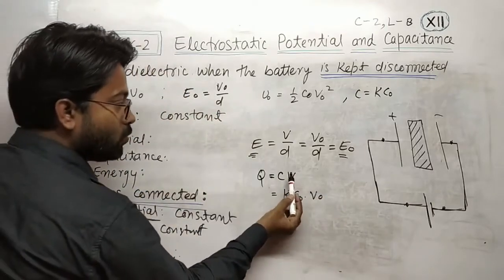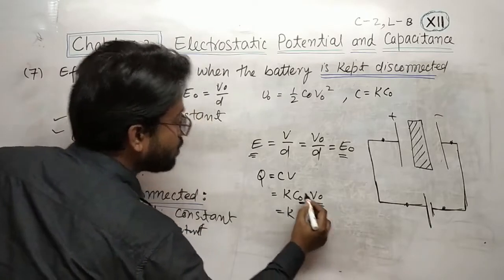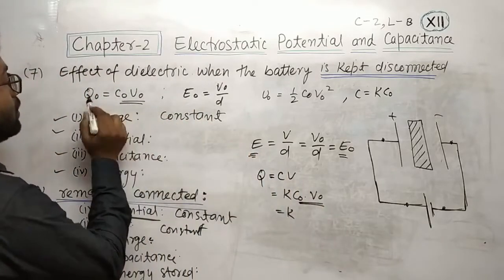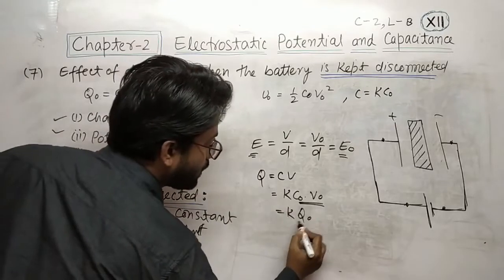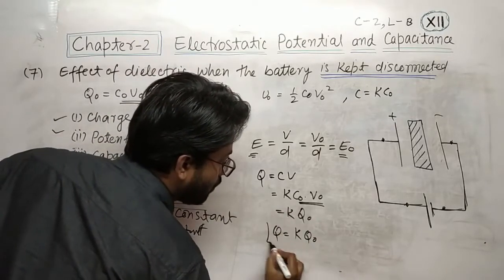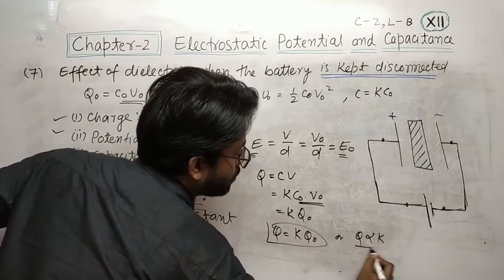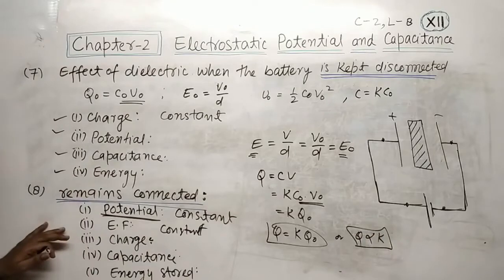We can write K times C naught V naught, that is Q naught. Q is equal to K Q naught, or finally we can write Q is directly proportional to K. On increasing the value of K, charge on the capacitor will increase.